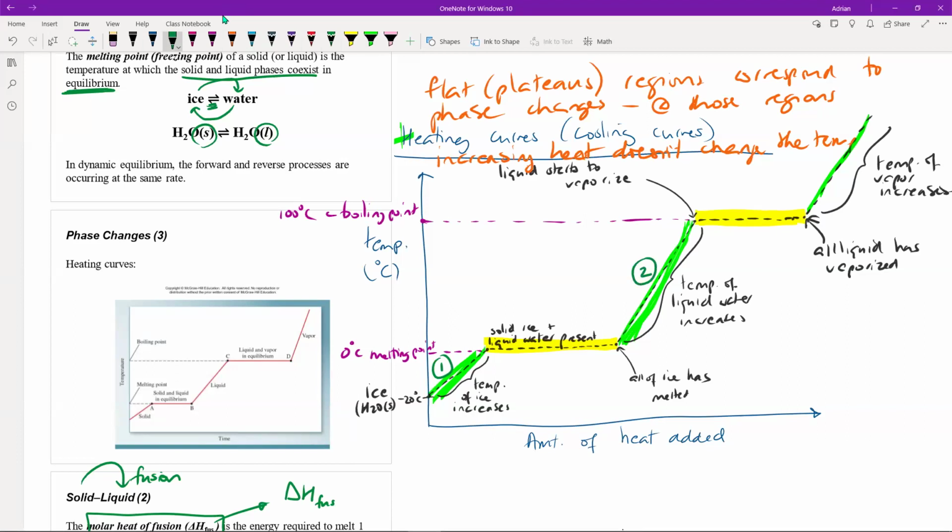In region 2, we have the increase in temperature of the liquid, and then region 3, the increase in temperature of the vapor. Right, so we can visually see what happens if I have a sample of a substance and we increase the amount of heat, what happens to the physical state. We can also correlate that to the changes in temperature as well.